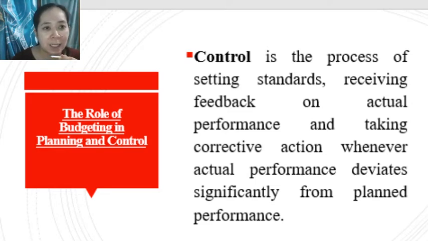This is basically the essence of control, and budgets later on will help the management in this function, because the budget will serve as their planned performance, and this will be the benchmark for the actual performance that has transpired in the day-to-day operations and the performance of the organization.